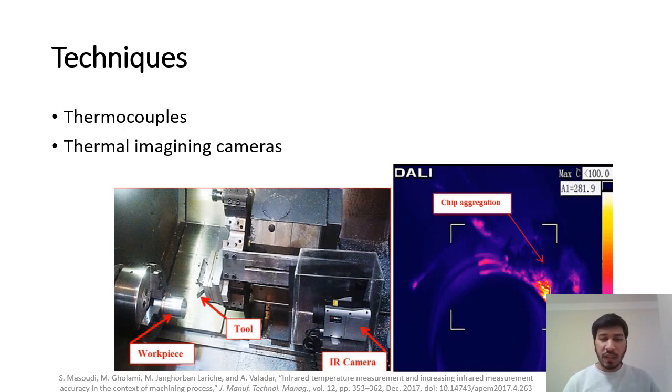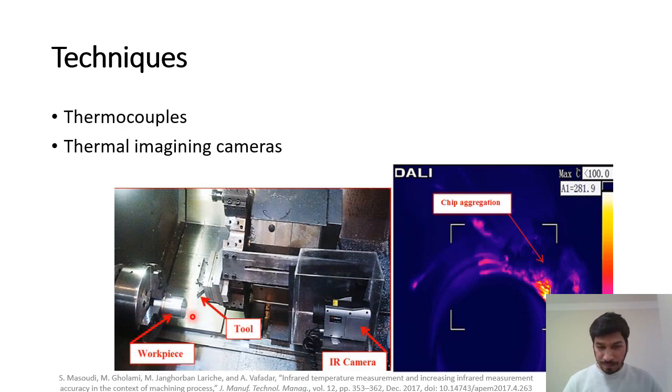Let me put on the pointer so I can show you. Yeah, here we are. This is a Kistler dynamometer, almost exactly the same as the one that we have in the AML lab, and the ones that you saw previously.